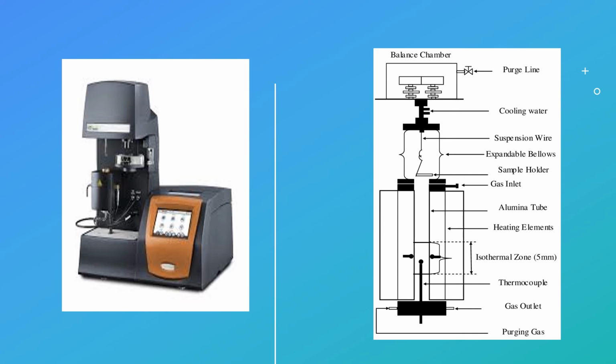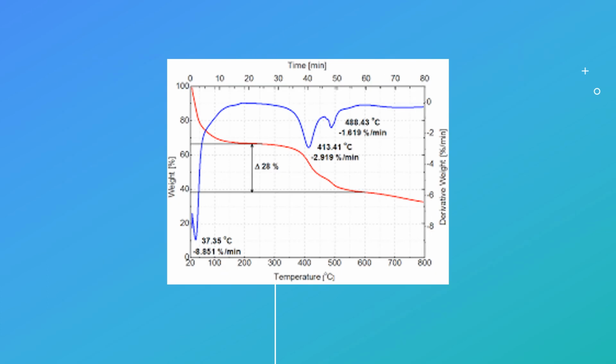All these quantifiable applications are usually done upon heating, but there are some experiments where information may be obtained upon cooling. We have here an example of data results from our thermogravimetric analyzer.